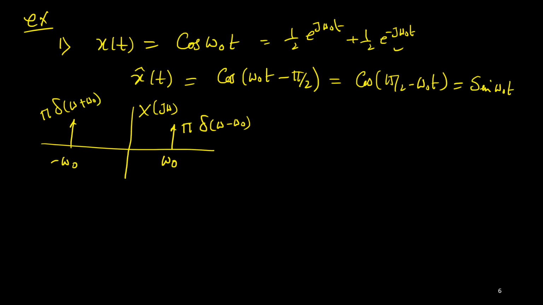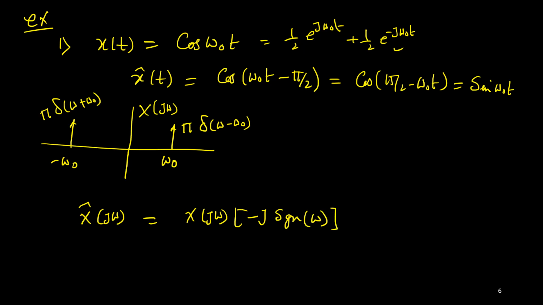Now, if I multiply, what will be x hat of j omega? We have said that it should be X of j omega times minus j signum of omega.